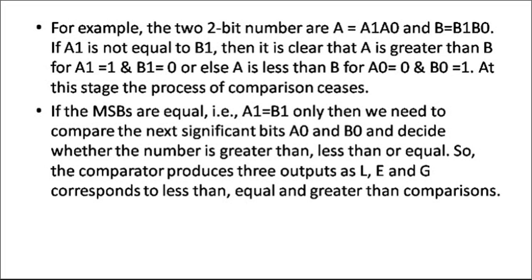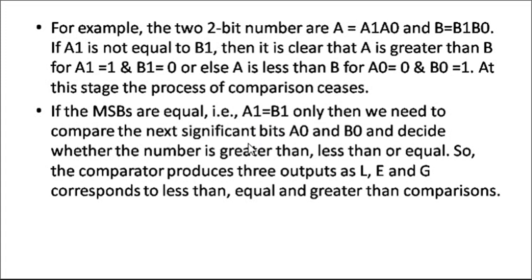Or else A is less than B, for A1 equal to 0 and B1 equal to 1. So this A1 and this B1 are nothing but your MSBs. At this stage, the process of comparison ceases.